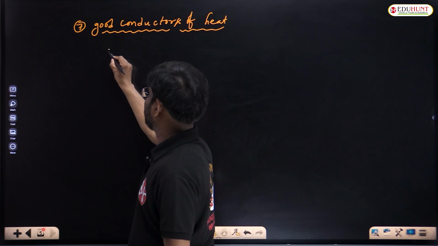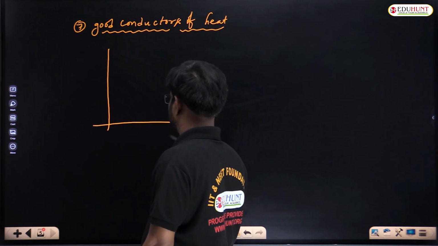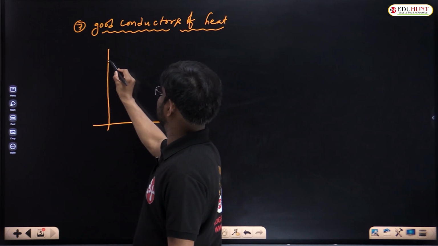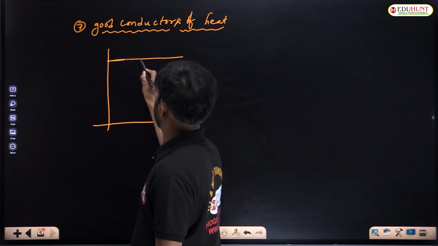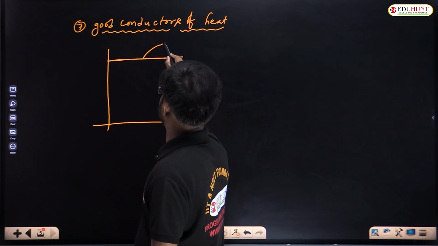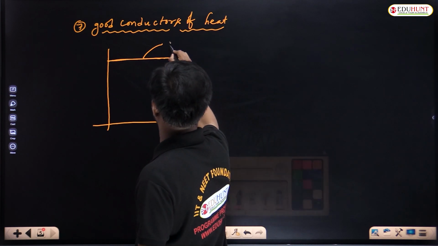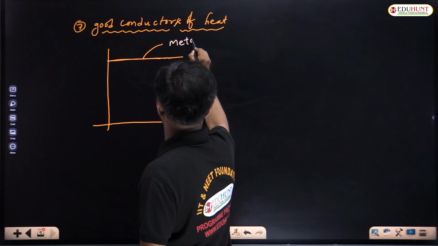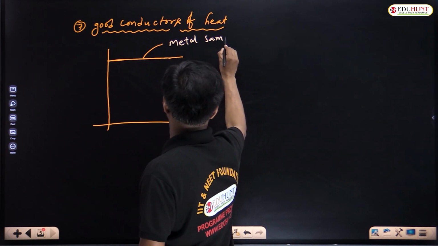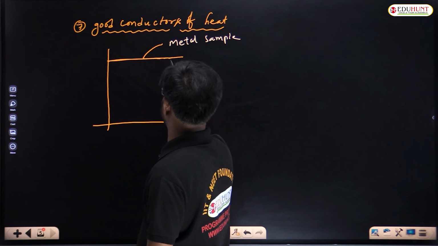I am taking the iron stand. This is the metal sample. Here I am taking wax.